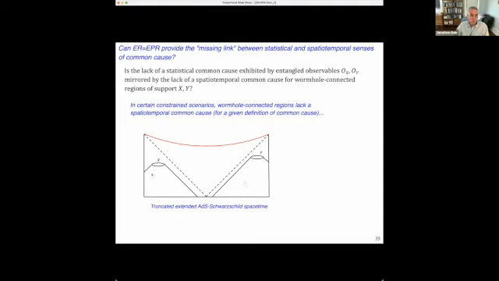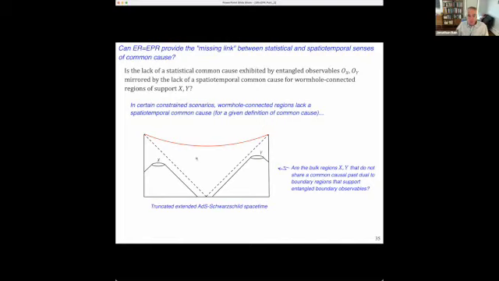And if ER equals EPR is true, then observables localized in X and Y potentially exhibit an entanglement correlation, and that's mirrored by the lack of a common past due to the particular features of this wormhole spacetime. The relevant question here is, are the bulk regions X, Y that do not share a common causal path dual to boundary regions that support entangled boundary observables?